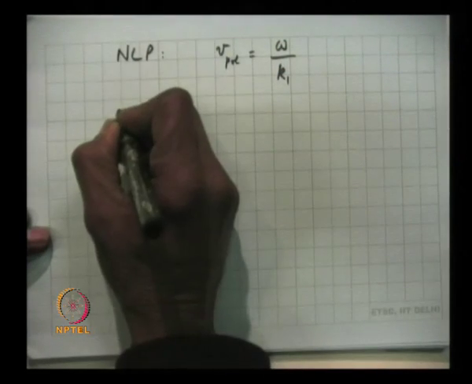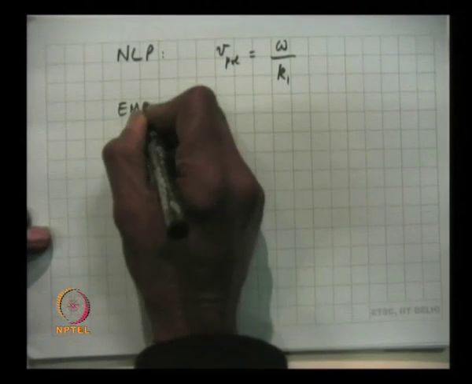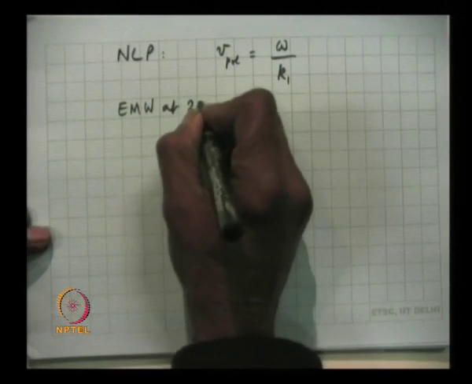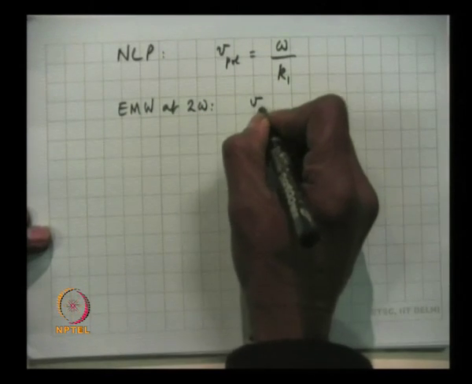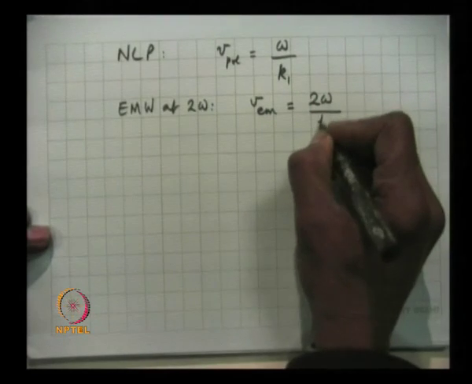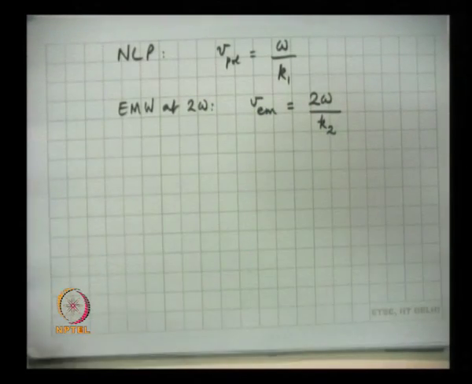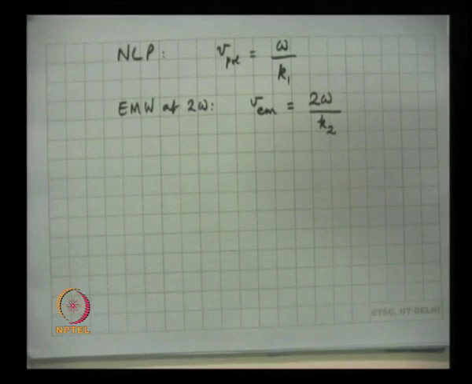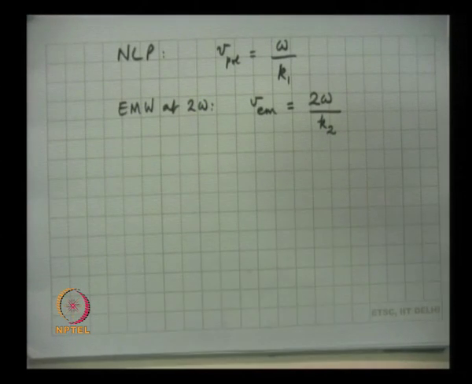What is the velocity of the electromagnetic wave at 2 omega? The velocity of the electromagnetic wave is the frequency, which is 2 omega, divided by the propagation constant at the second harmonic, k2.